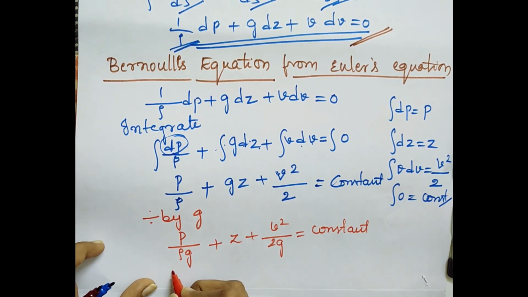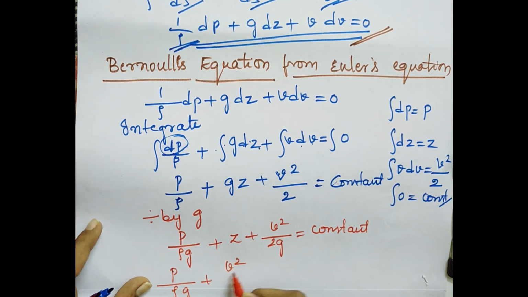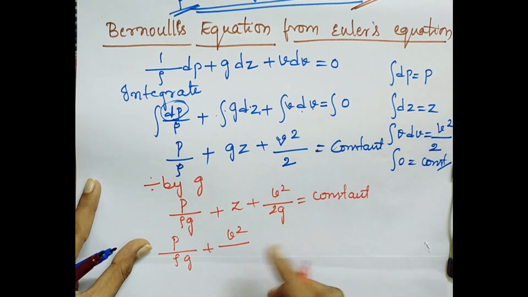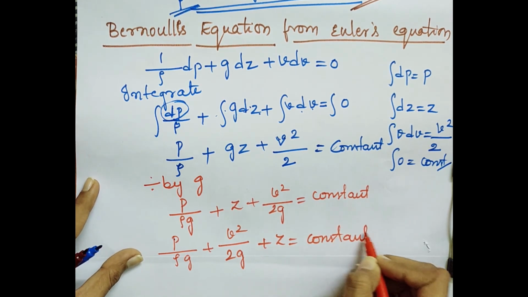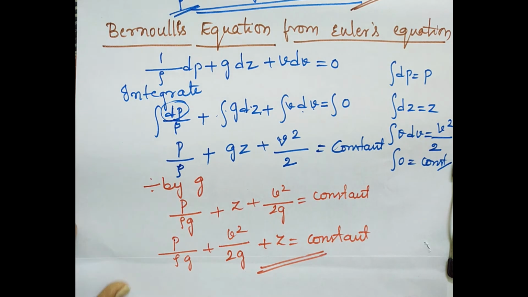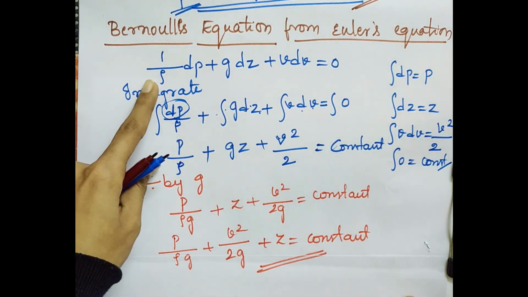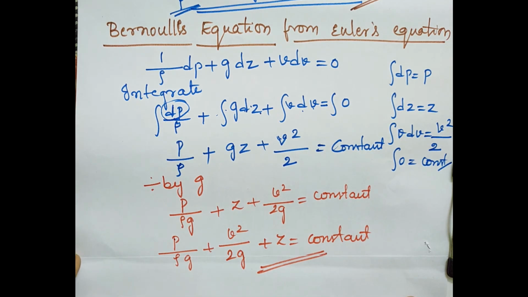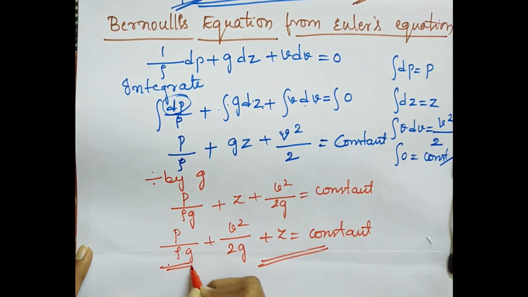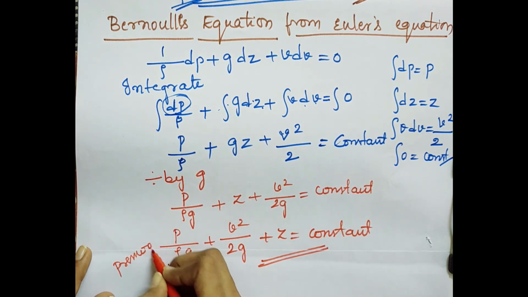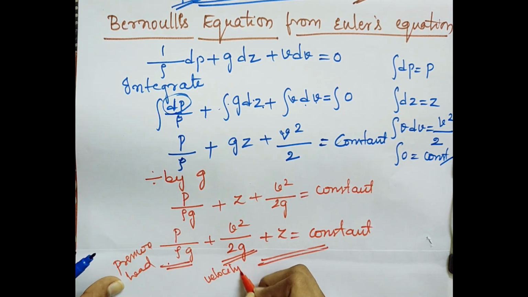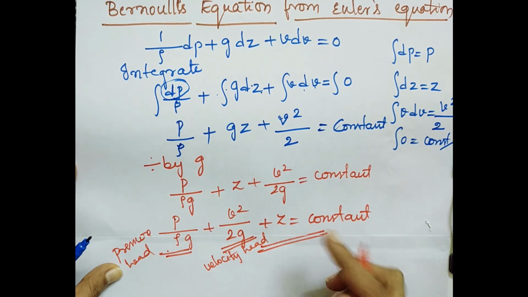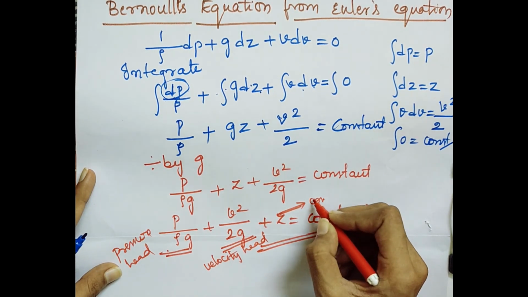So the equation is p by rho g plus v square divided by 2g plus z is equal to constant. This is the Bernoulli's equation, which is obtained by using the Euler's equation of motion. Where p by rho g is the pressure head and v square by 2g is the velocity head and z is the constant datum head.